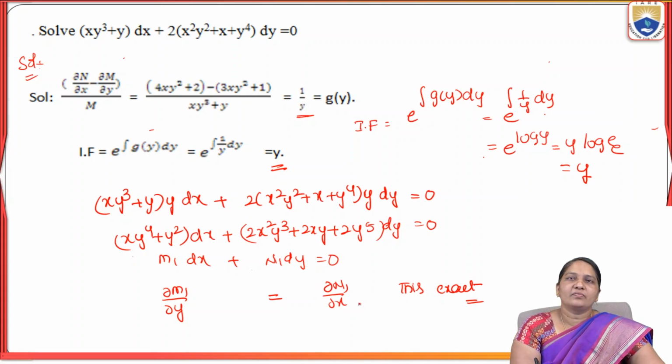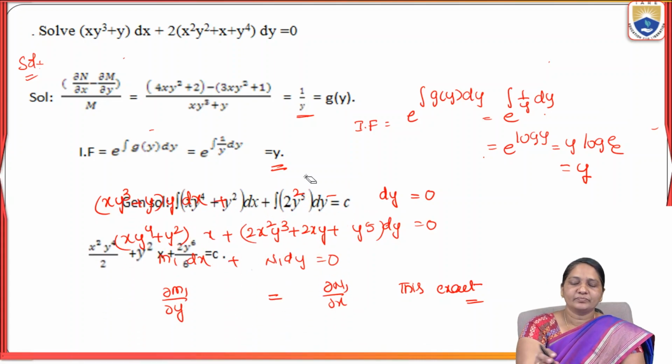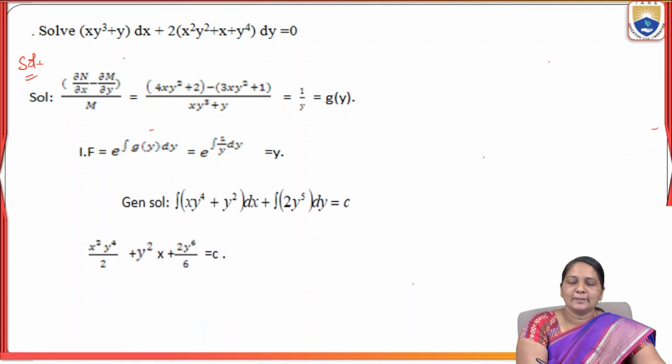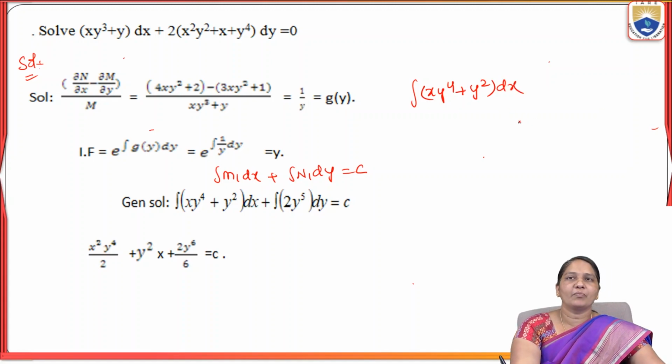If it is an exact differential equation, what is the procedure we follow for the general solution? You can observe: ∫M1 dx + ∫N1 dy = c. The M1 value is (xy⁴ + y²)dx. When integrating M1, we treat y as a constant.